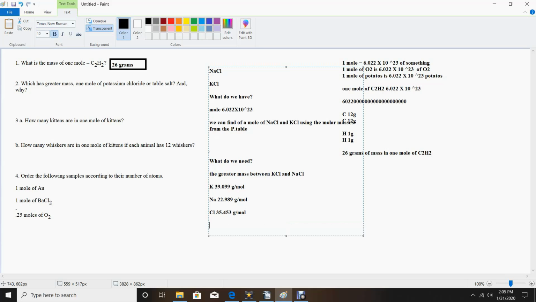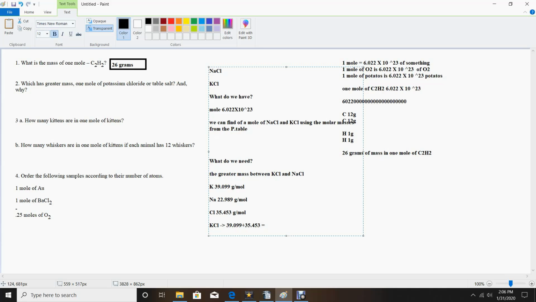What's the mass of KCl? Well, it's going to be the mass of K, which is 39.099, plus the mass of Cl, which is 35.453.